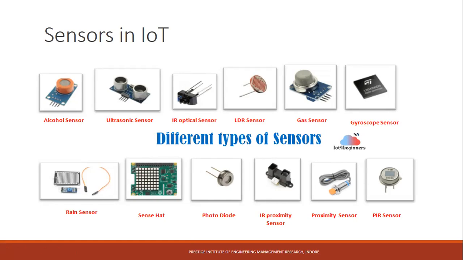Suppose you have some idea and you want to design a prototype for any application. Then the first step is to select what type of sensors are required for your project. So this is a brief introduction of sensors. In the next video we will discuss it in detail.